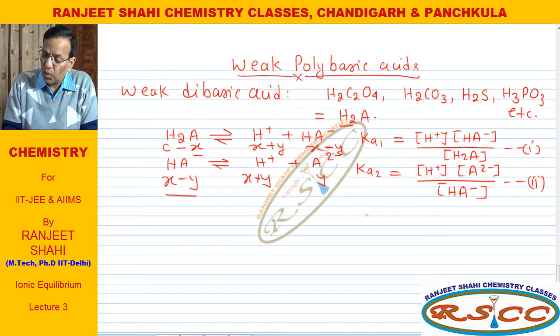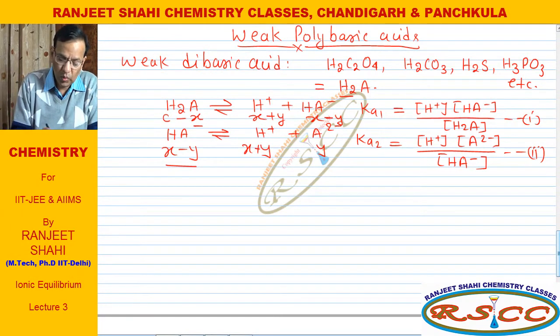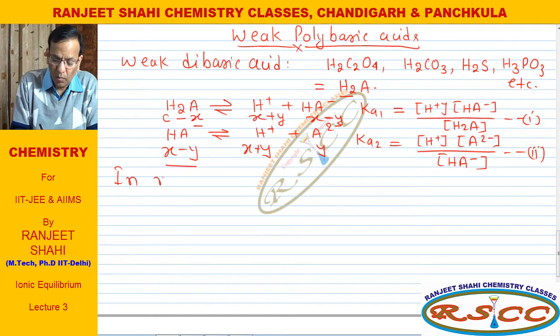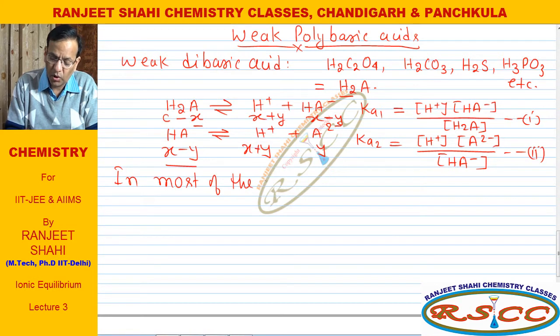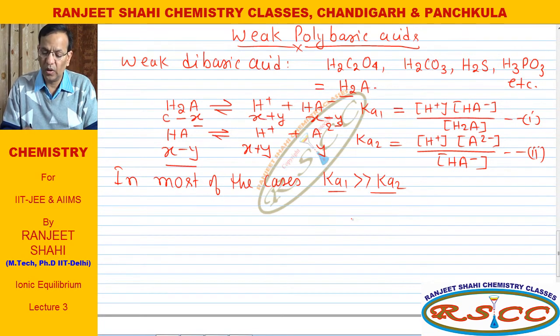So with the knowledge of K1 and K2, it has been observed that in most of the cases, K1 is much greater than K2. So in solution, the major contributor of hydrogen ion will be the first equilibrium.